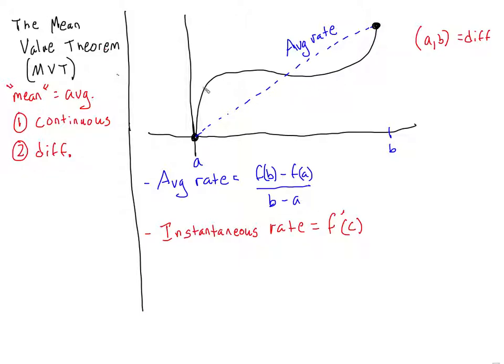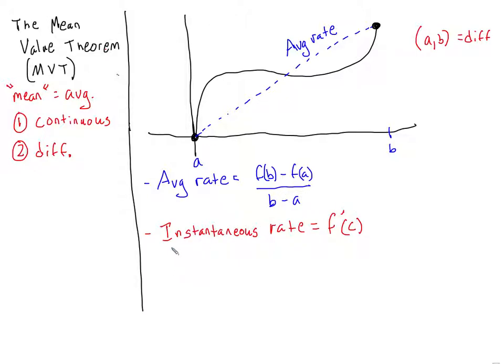Okay, so the mean value theorem states that somewhere between A and B, the instantaneous rate will be equal to the average rate. I'll say that again. Somewhere between A and B, assuming these two conditions are met, the instantaneous rate will equal the average rate. It guarantees it at least once. It might be an infinite number of times, it might be twice, but it guarantees at least once.